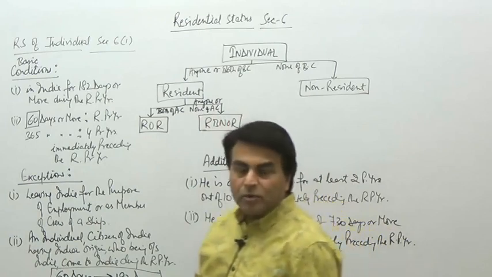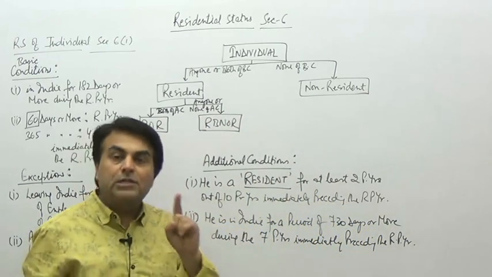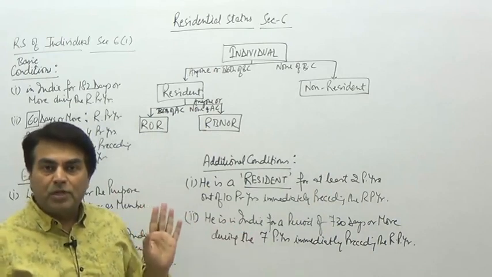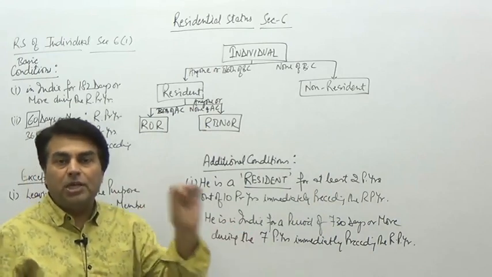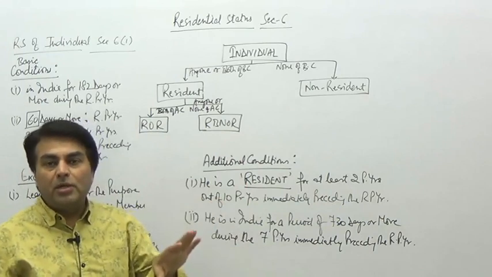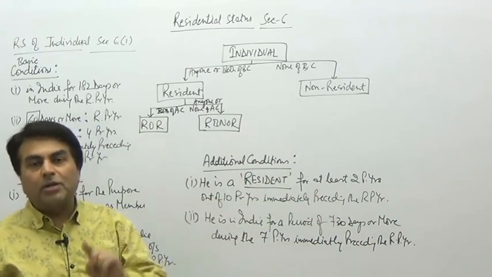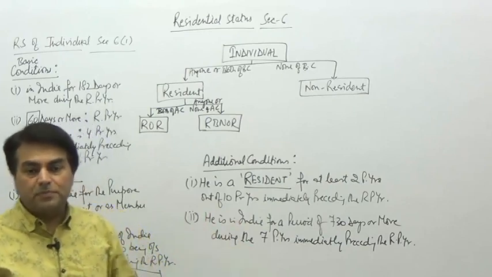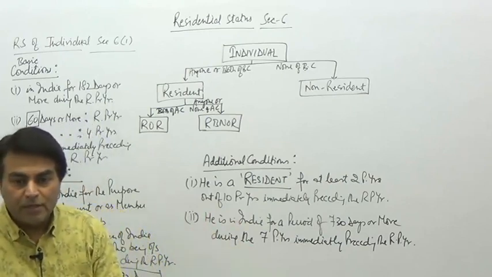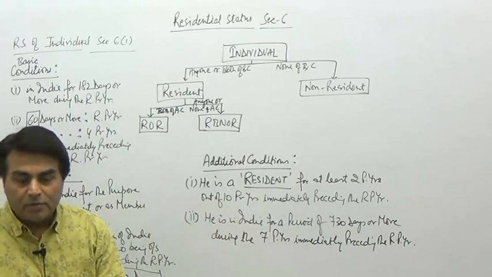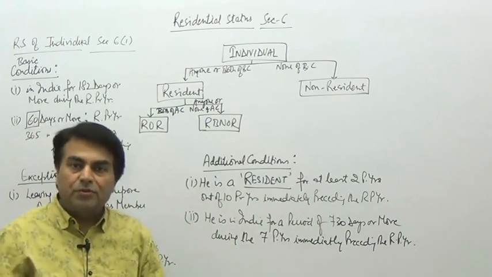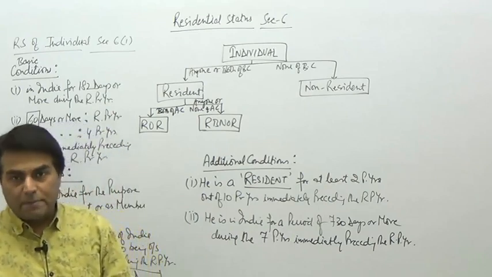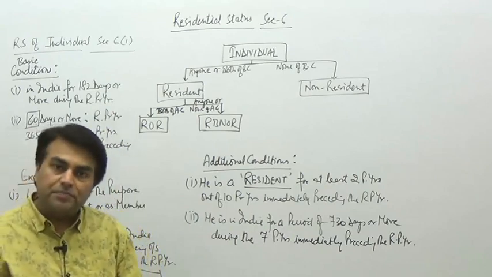In case he is not able to satisfy both of the additional conditions, maybe he is satisfying any of these two, he would still be called RBNOR. To become a resident and ordinary resident, he needs to fulfill both of the additional conditions. So I don't think it is difficult to understand. Ascertaining the RS of an individual is not difficult.